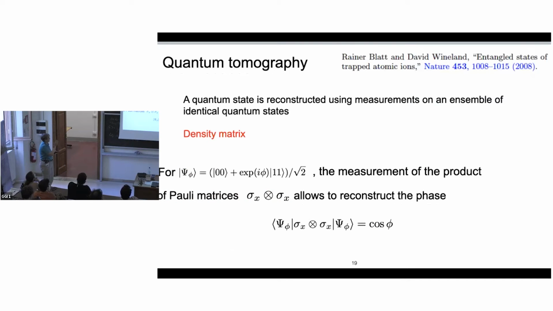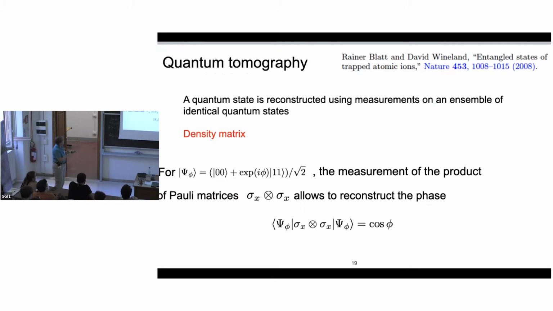I don't want to spend too much time on this, but one nice feature about this very simple quantum mechanical model is that it might be possible to investigate the structure experimentally, using so-called quantum tomography, which allows you to measure full density matrices, and measure products of Pauli matrices like this, and then determine the phase of states.